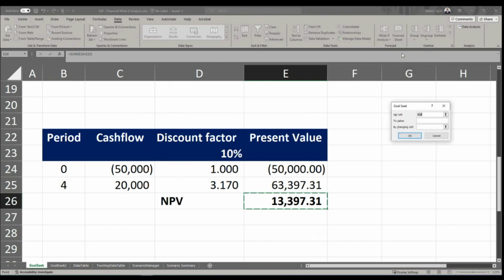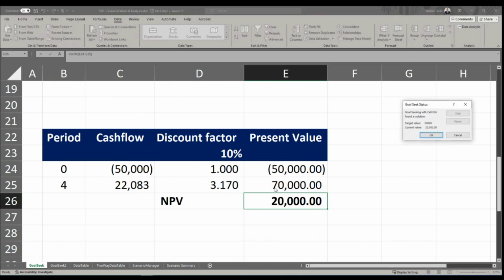I will go to goal seek, and here as well, this is already selected. So I'll select E26, and the dollar kind of fixes it, which is okay. The next one is I want to set this value to 20,000, which I did, and then by changing cell, this time I'm selecting the cell C25, and the dollar, I have fixed it, and then let me click OK.